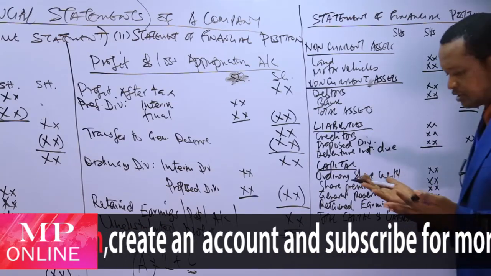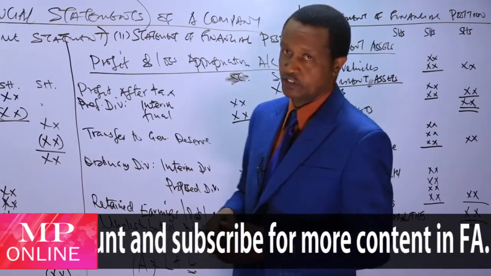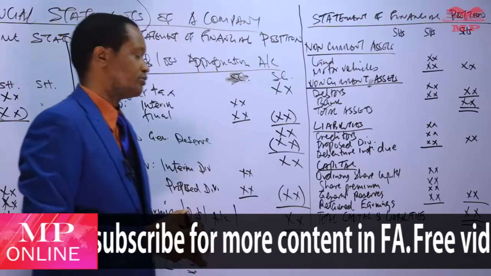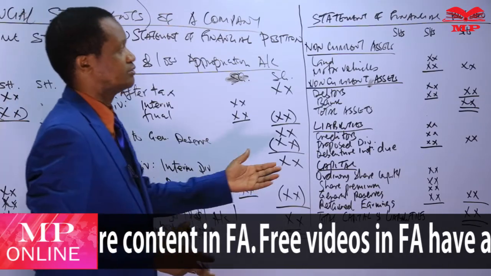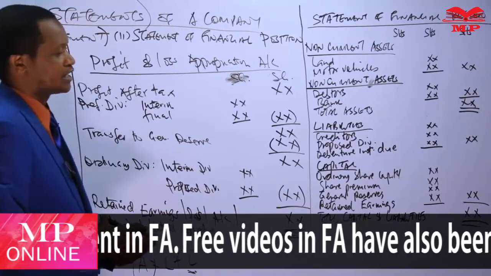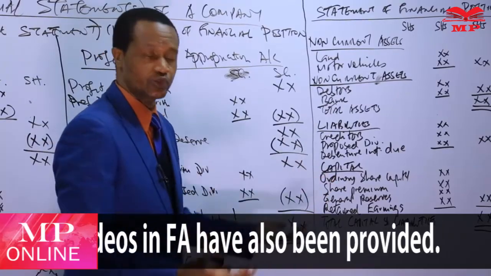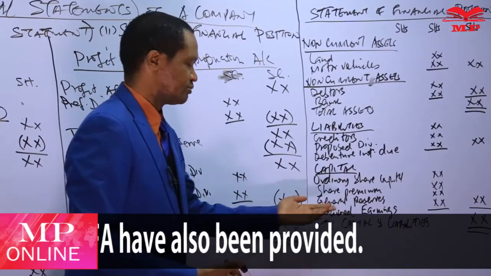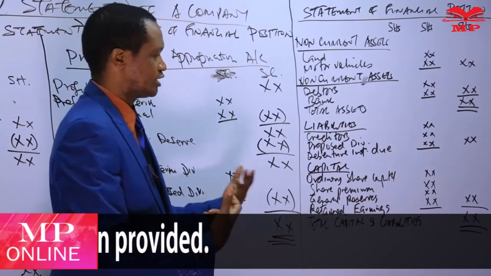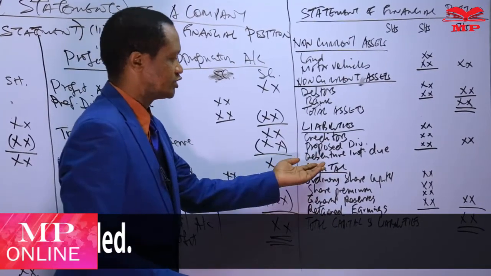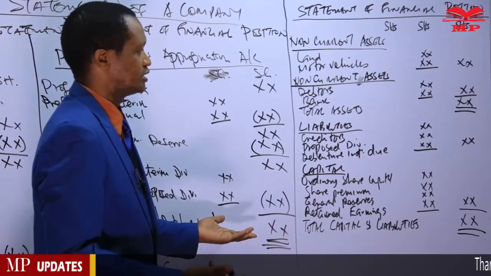It is prepared the same way you would prepare the financial statement of a sole trader, but there are some unique items or entries which are made in the statement of financial position of a company, like the ordinary share capital. It's unique to a company. Share premium is unique to a company. General reserves are unique to a company. Debenture interest due, unique to a company. Proposed dividends, unique to a company.